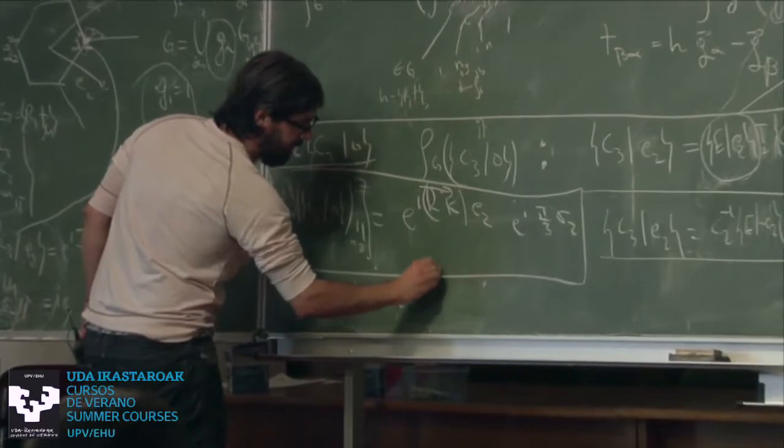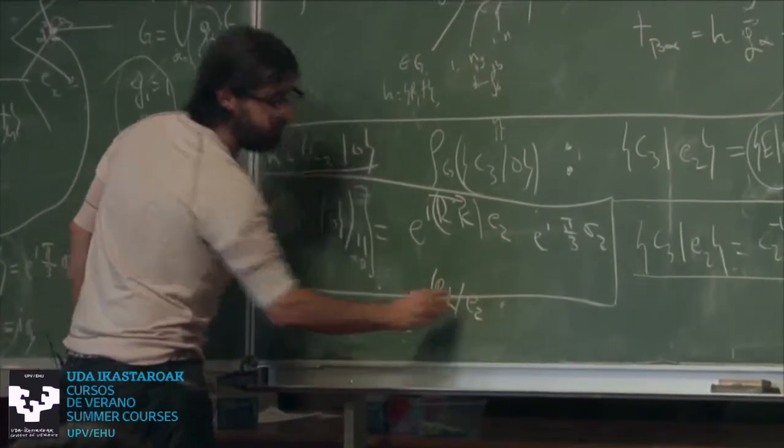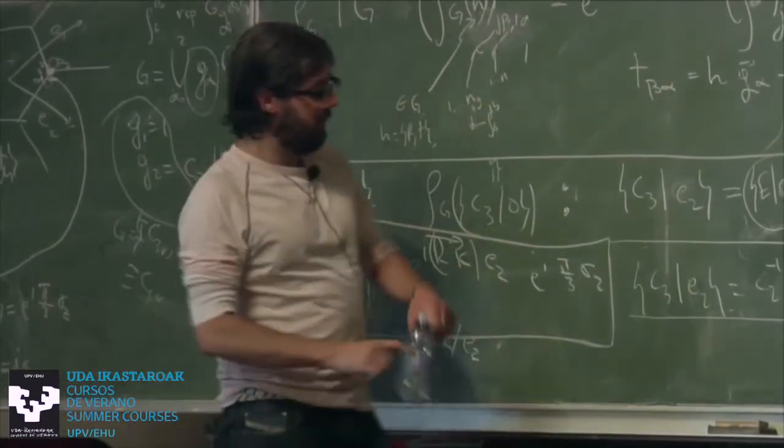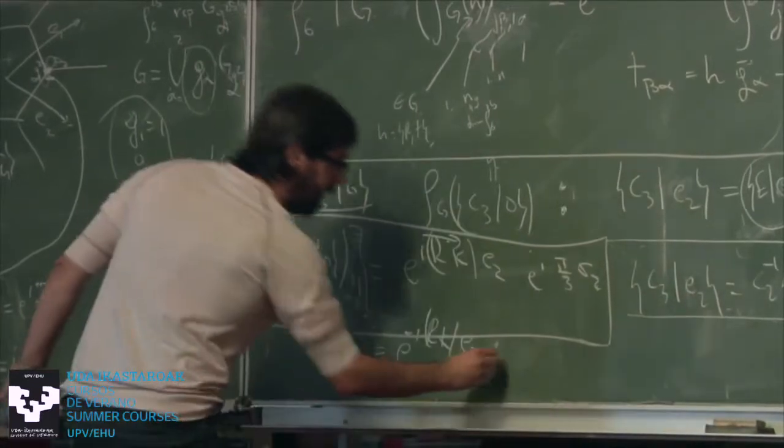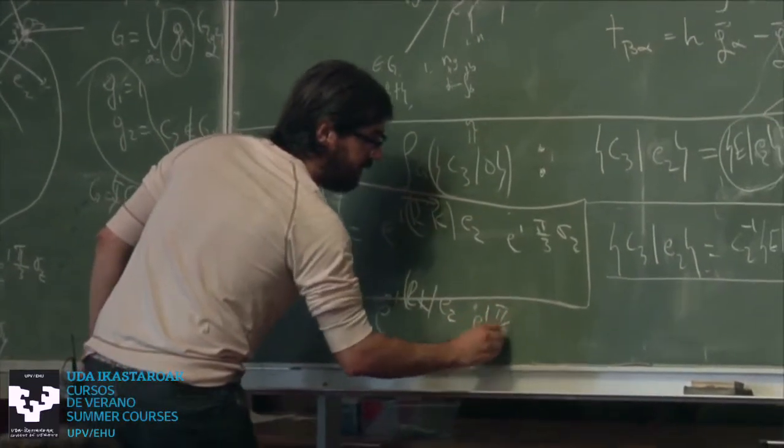So I found the 2, 2 matrix element is e to the i with a minus, because beta alpha was minus, RK E2, times the same representation of C3, times e to the i pi over 3 sigma z.